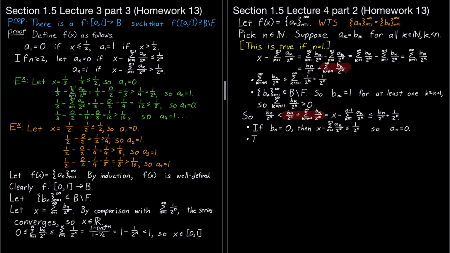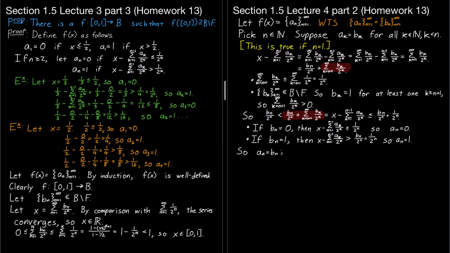And if b_n equals 1, then this difference is strictly greater than b_n over 2 to the n, which is 1 over 2 to the n. So a_n equals 1. So a_n equals b_n.